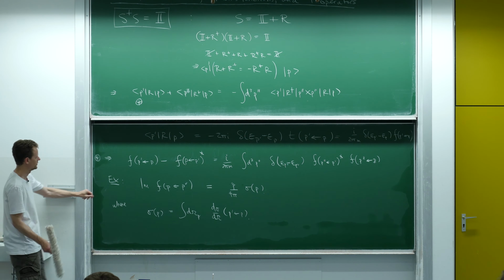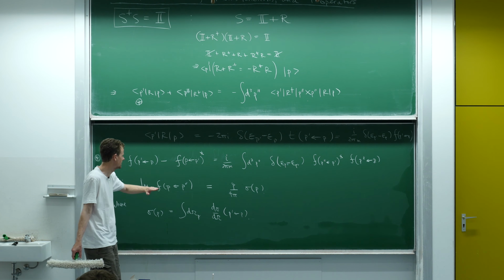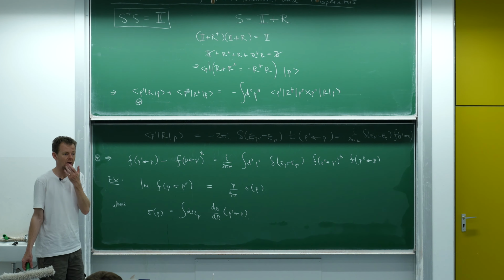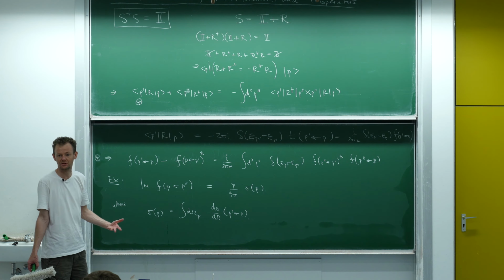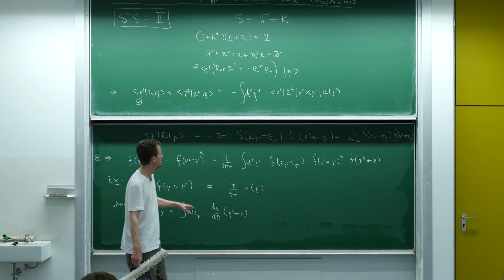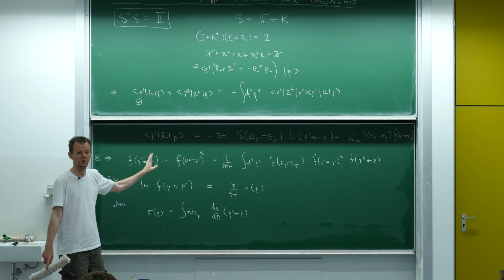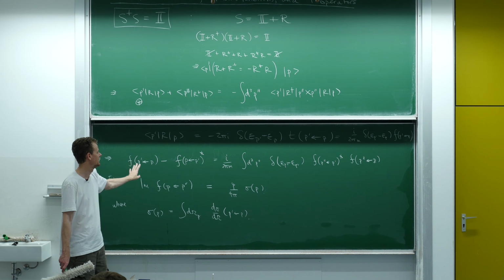So this thing here is called the optical theorem, this relationship between the imaginary part of f and the total cross-section. It's extremely useful in experiments to check if you're doing your experiment well, right? If your experiment is a good scattering experiment, then the scattering matrix had better be unitary, otherwise something's gone wrong. So to ensure that you're doing a good scattering experiment, you would have to have that S is unitary.